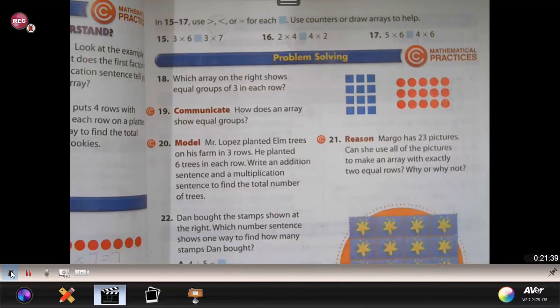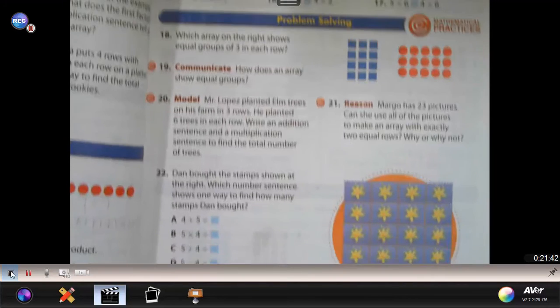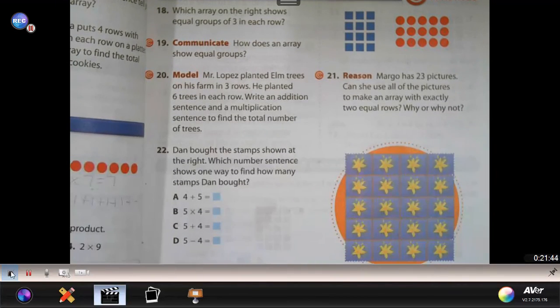So, looking at number 22, we want to choose an answer, or excuse me, an equation that would match this array. So, looking at our array, we have 1, 2, 3, 4, 5 rows. I see 5 here. Well, actually, we see 5 in all of these, right? But which one of these equations is going to help us say 5 rows?